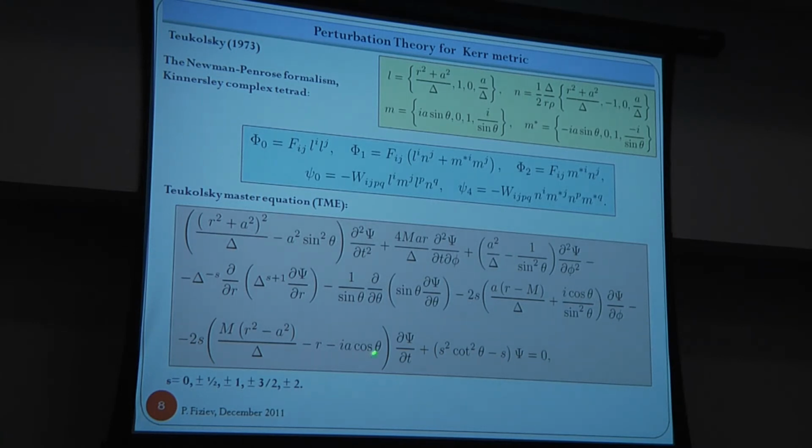Here you have a parameter S, which can take values of 0 for scalar fields, 1/2 for spinor fields, plus minus 1 for vector fields like electromagnetic fields, plus minus 2 for gravitational waves.